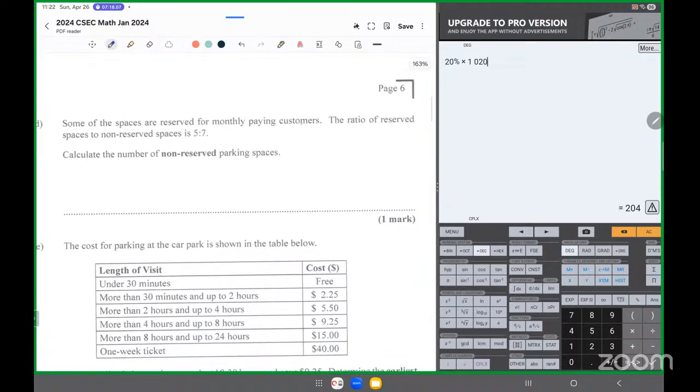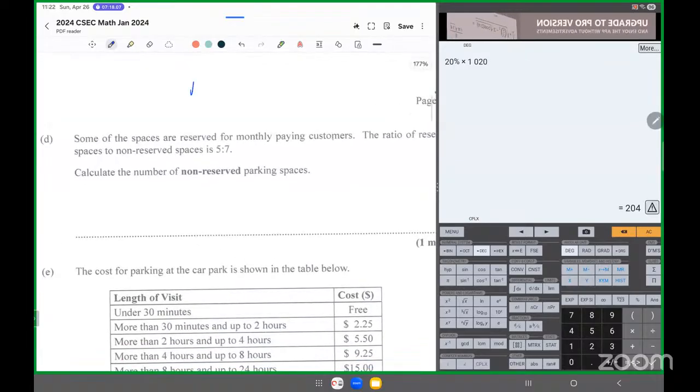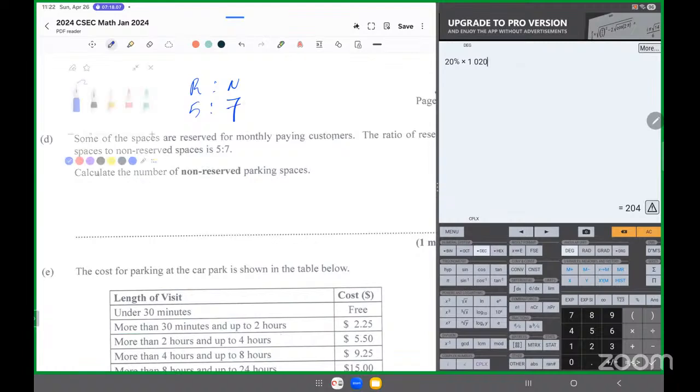Reserved to non-reserved is 5 to 7, and 5 plus 7 adds up to a total of 12 portions.